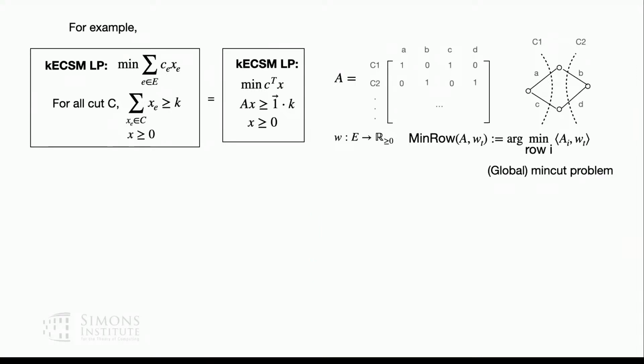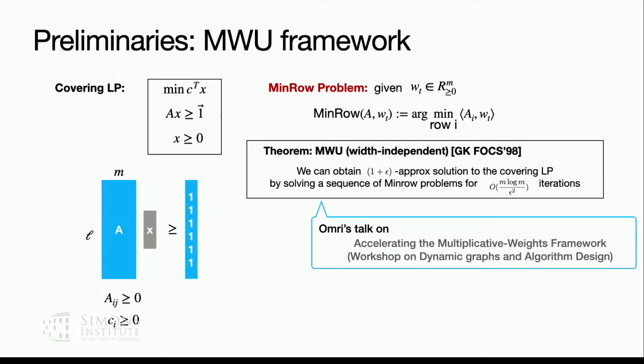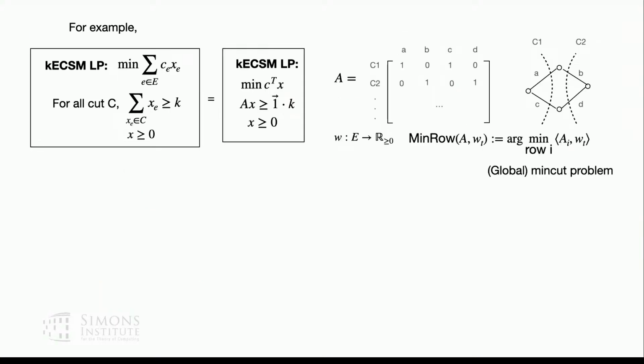Next, I'm going to give you one example of how to use this framework to describe the min row problem of the k-ECSS LP, meaning the k-edge-connected spanning multi-subgraph. It's the same thing as the k-ECSS LP, but there is no block constraint. Then you can write this matrix A as a cut-edge incidence matrix. And what is the min row problem in this case?